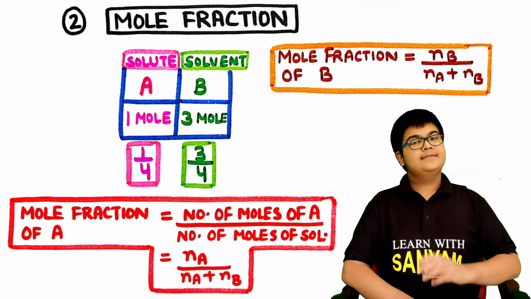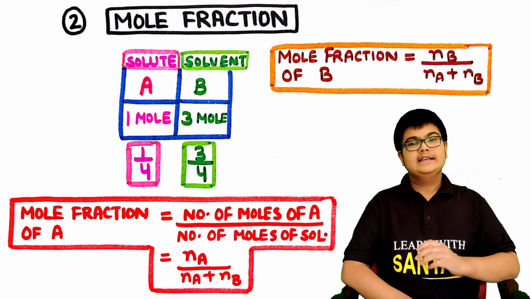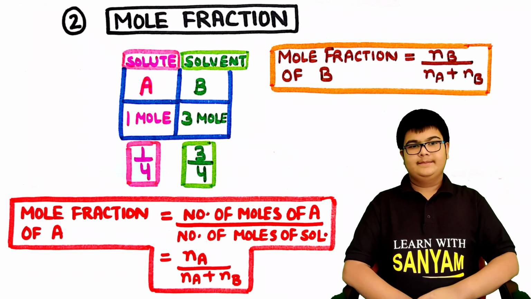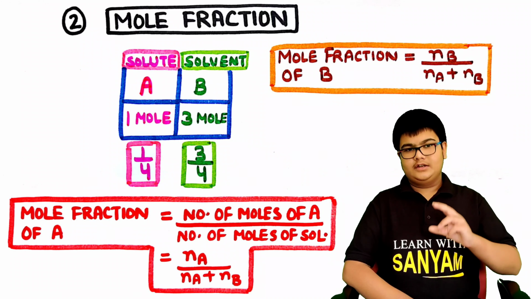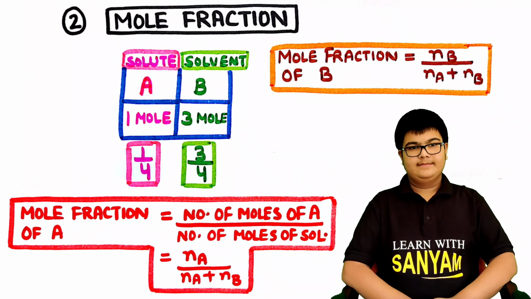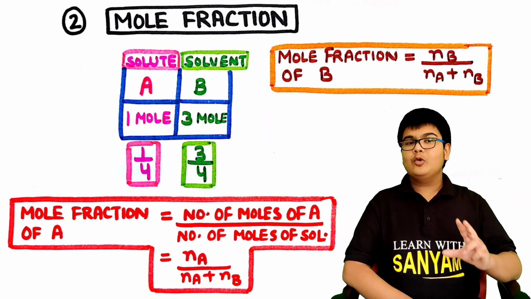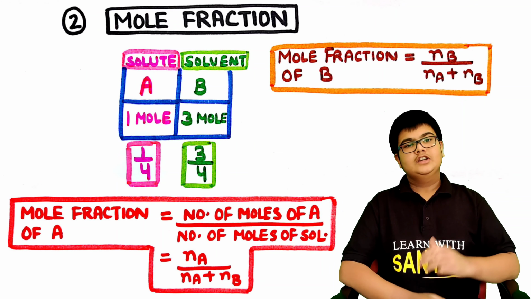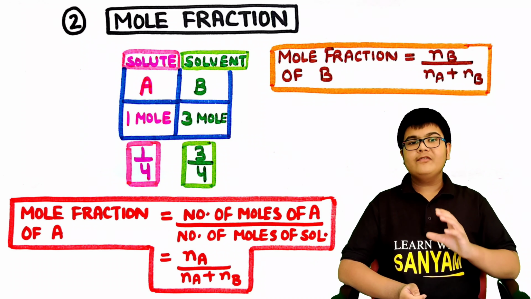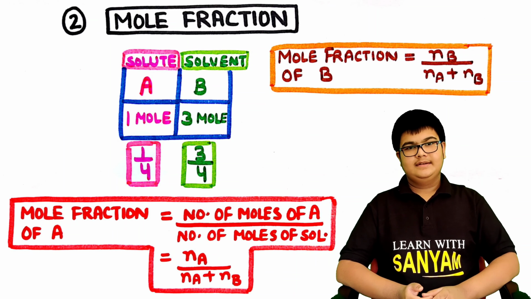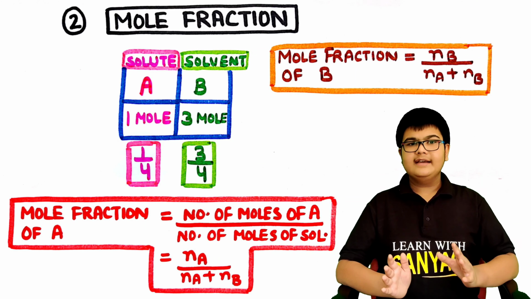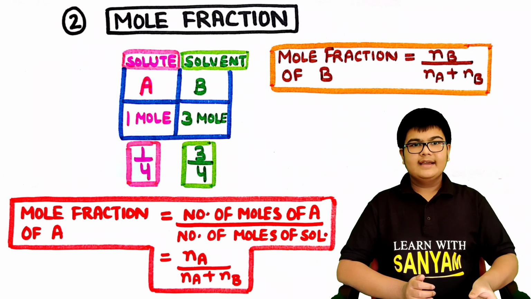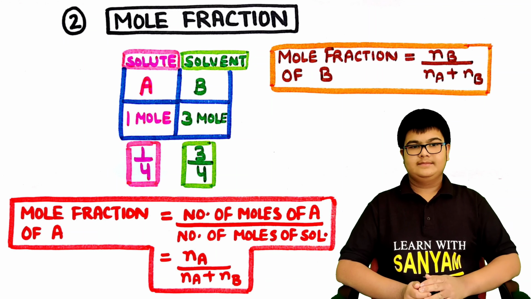Now let's discuss the second concentration term, that is mole fraction. Let's understand this with the help of an example. Let's take a solution with two components A and B. In the solution, A is the solute and B is the solvent. And there is 1 mole of A and 3 moles of B in the solution. So we have to find the mole fraction of A and B. For that, in the numerator, we will take the moles of A and divide them by the total moles.